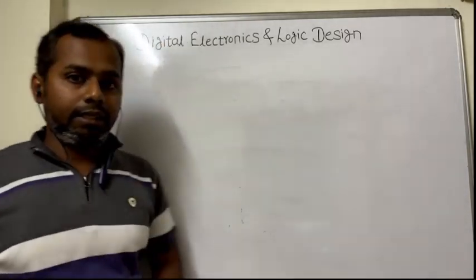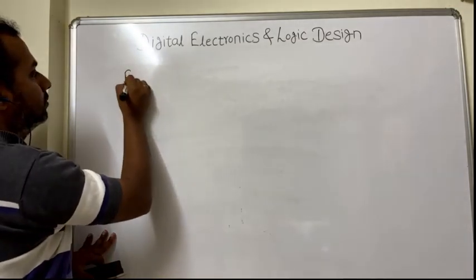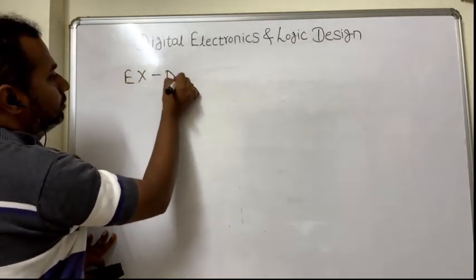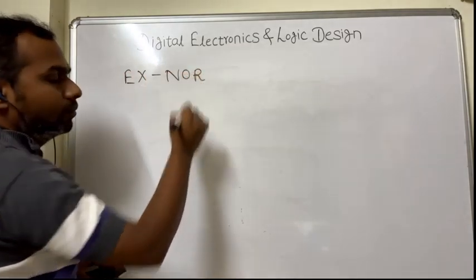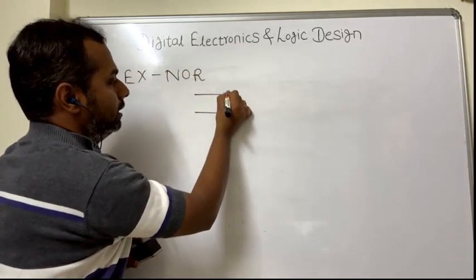And the last derived gate, it is XNOR. And its logical symbol for two input is like this.